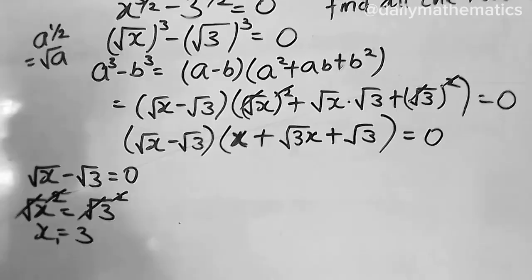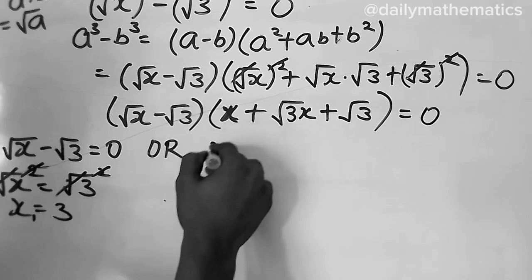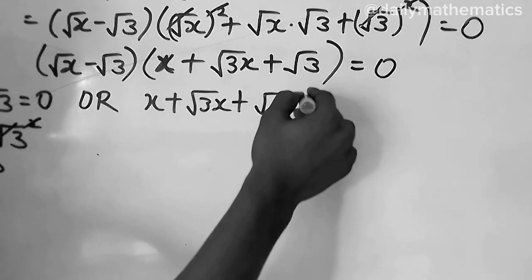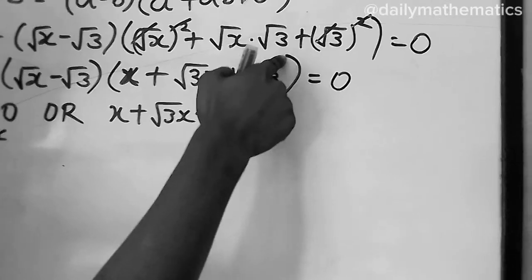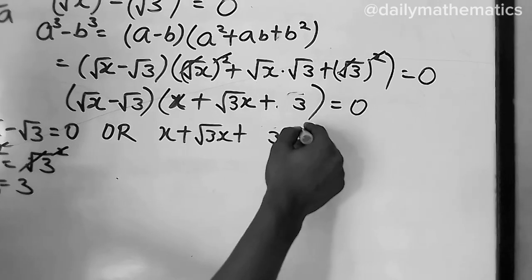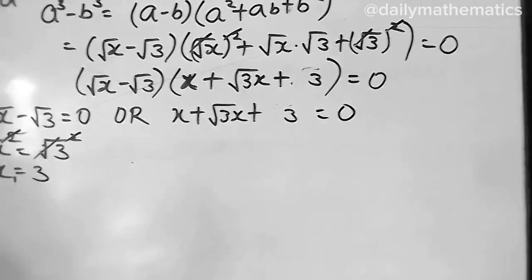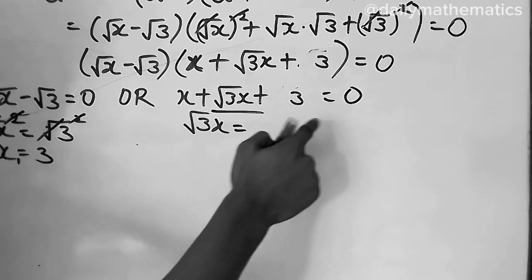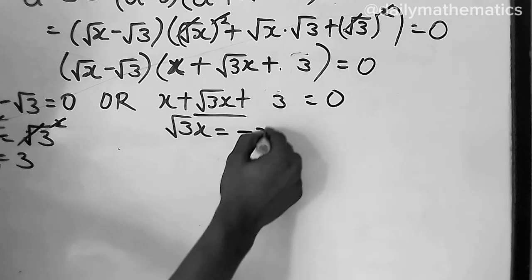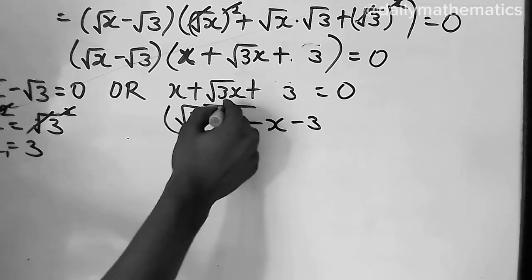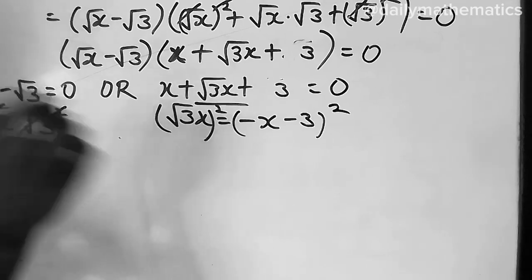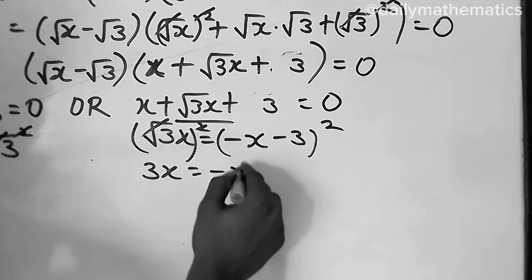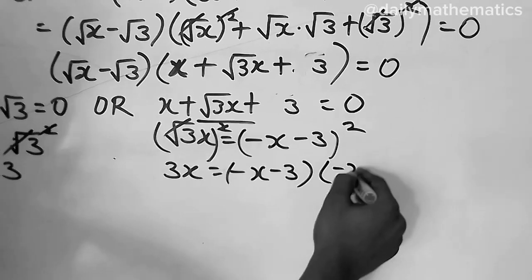So x1 equals 3. Now for the other bracket, x plus root 3x plus 3 equals 0. We'll make root 3x the subject of the formula: root 3x equals minus x minus 3. Then we square both sides. Square and root cancel on the left, we have 3x, and on the right we have (minus x minus 3)(minus x minus 3).